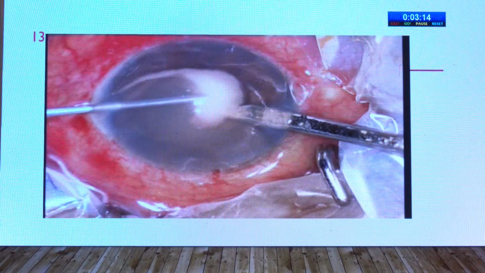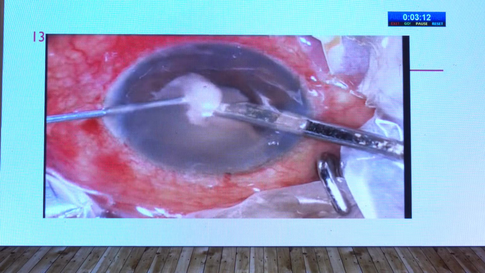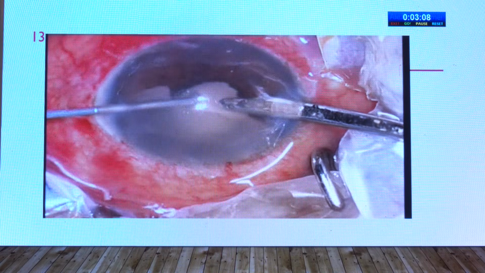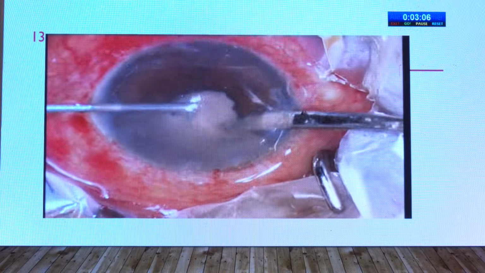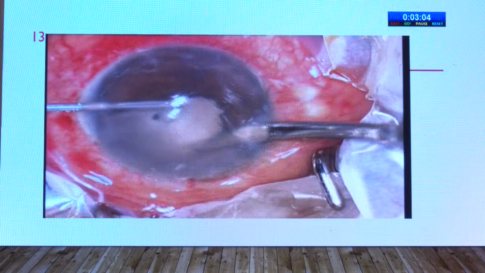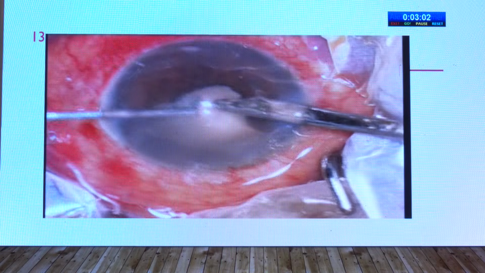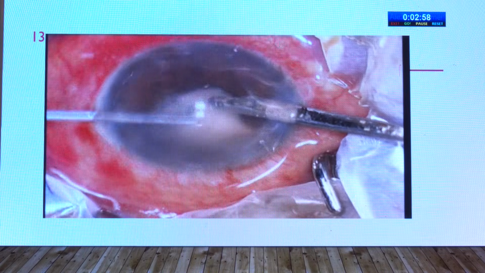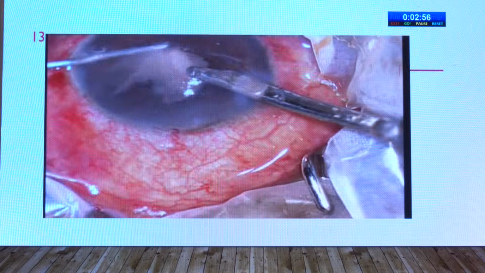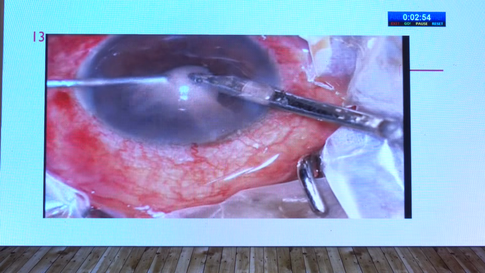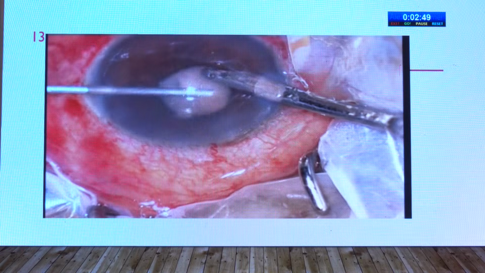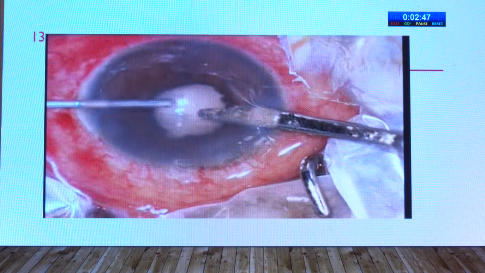Two side ports are made in the eye, and the fibrin is removed, either with the cutter or with McPherson forceps. We have to clear the anterior chamber and see, so that only then can we perform the vitrectomy. As you can see here, we have used the Simcoe cannula and the cutter to remove the exudates from the anterior chamber.